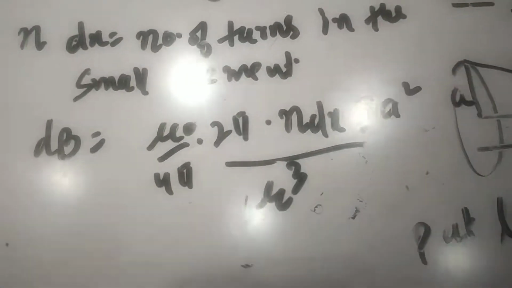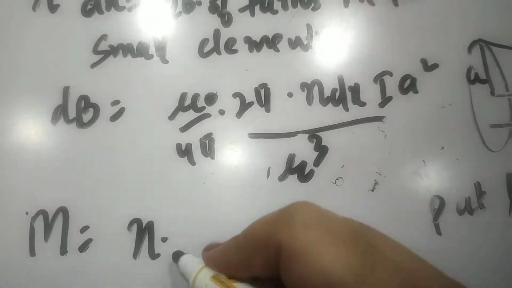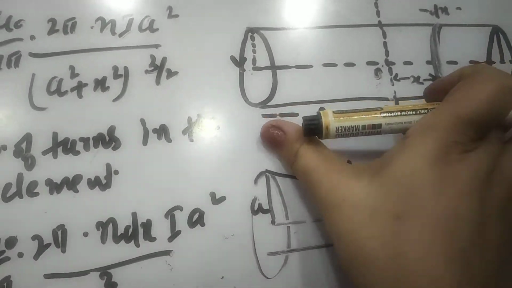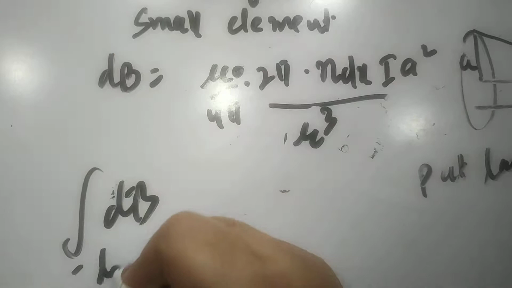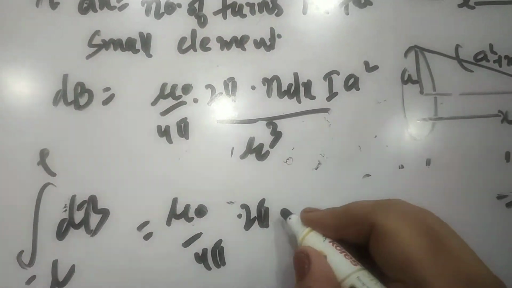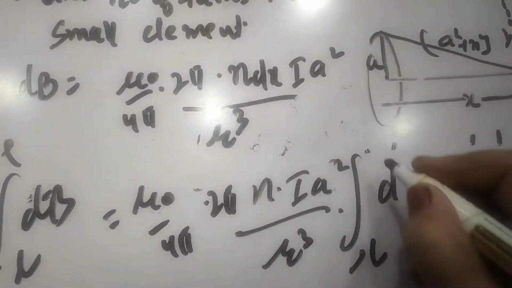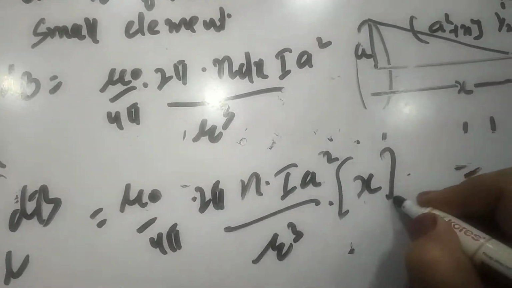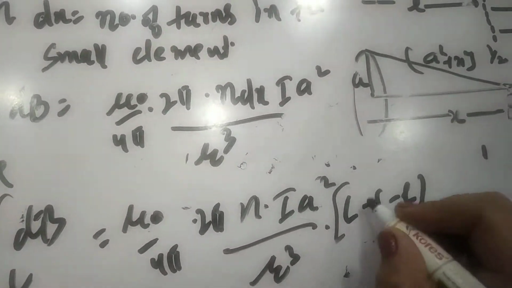Fine. Now we will write in simpler terms. Firstly we have to find the field for the whole length of the solenoid, so x varies from minus L to plus L. So we will integrate dB from minus L to plus L, which is equal to mu naught upon 4 pi into 2 pi, all the constant terms taken out, n I a square upon r cube into the integral of dx from minus L to plus L. When we integrate dx, we get x from minus L to plus L. Using the upper and lower limits, we get L minus (minus L), which comes out to be 2L.